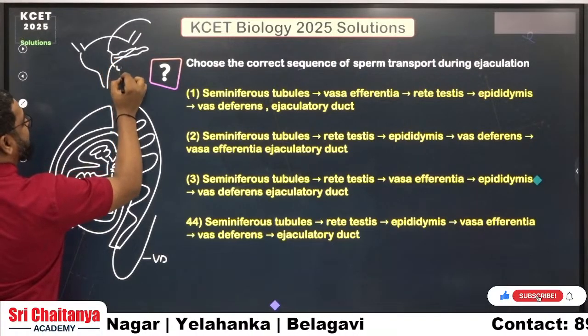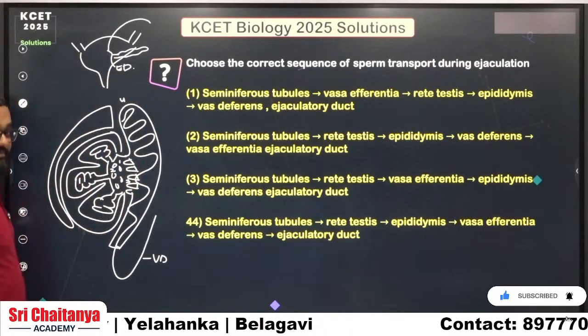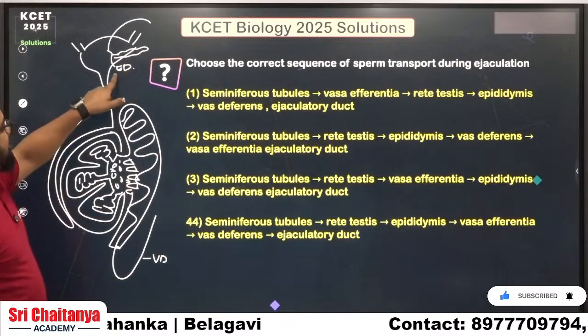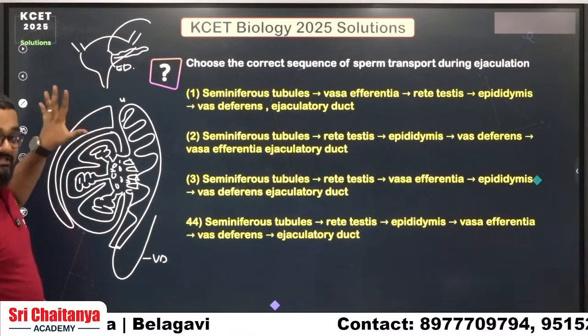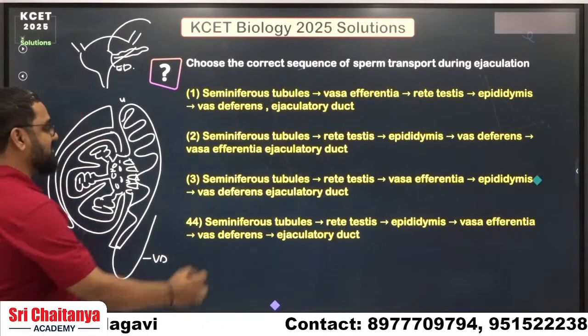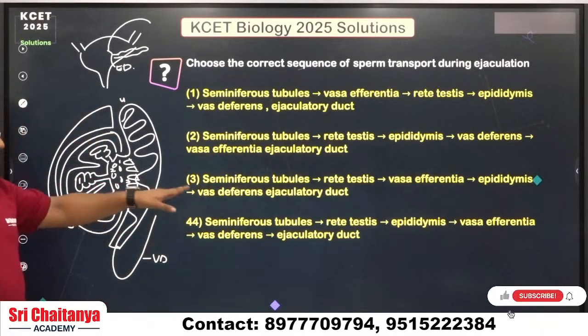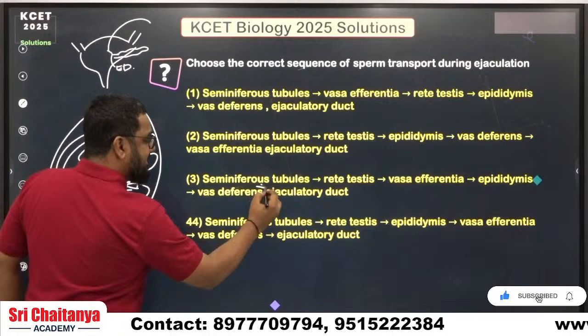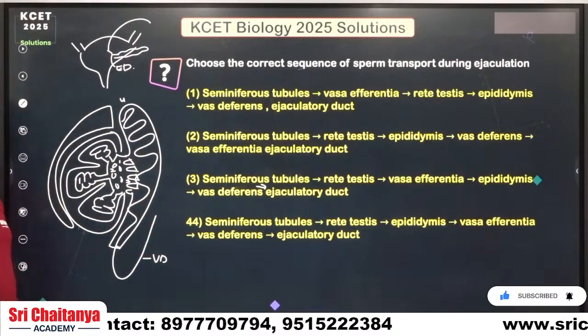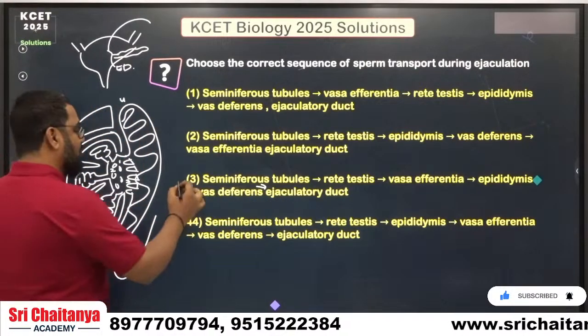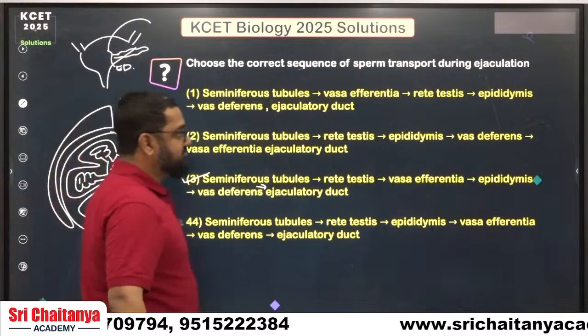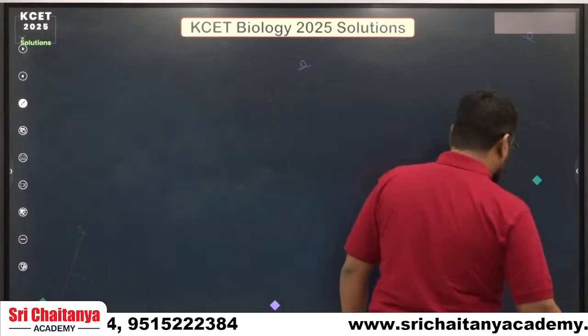Together, they form a structure called the ejaculatory duct, right? After which it enters into the urethra. So the correct sequence would be seminiferous tubules, rete testis, vasa efferentia, epididymis, vas deferens, and then ejaculatory duct, and then urethra. Through the urethral meatus, it will go out during ejaculation. Option 3 is your right option.